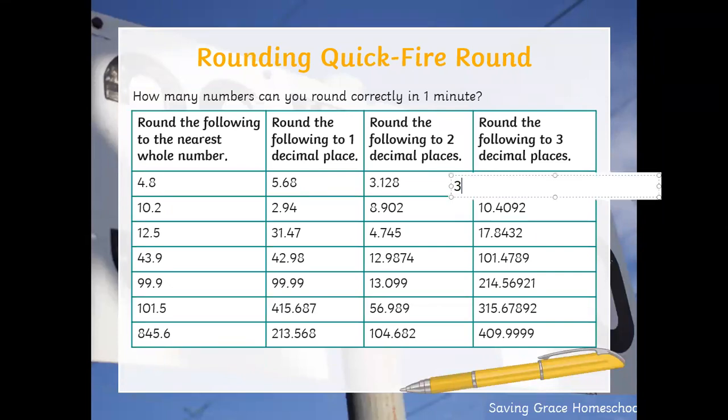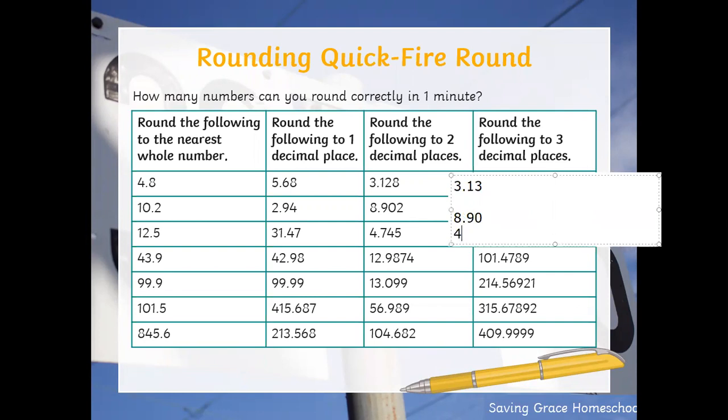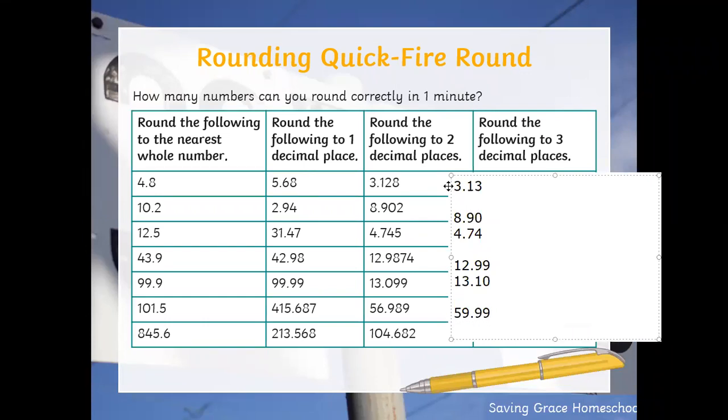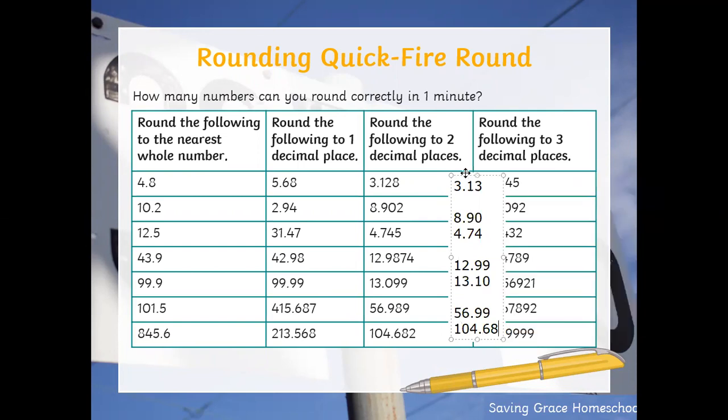So we have 3.1, 3, 8.9, 0.90, 4.74, 12.99, 13.01, oh no, 0.10, 56.99, 56.99, and then 104.68. Okay, check if you have these correct.